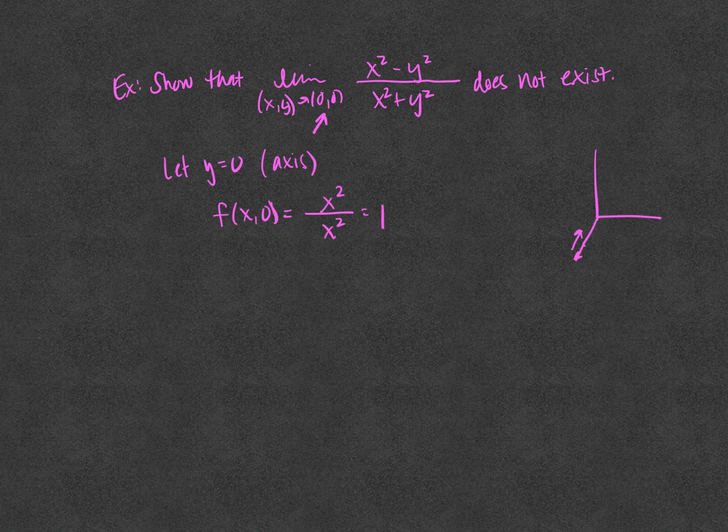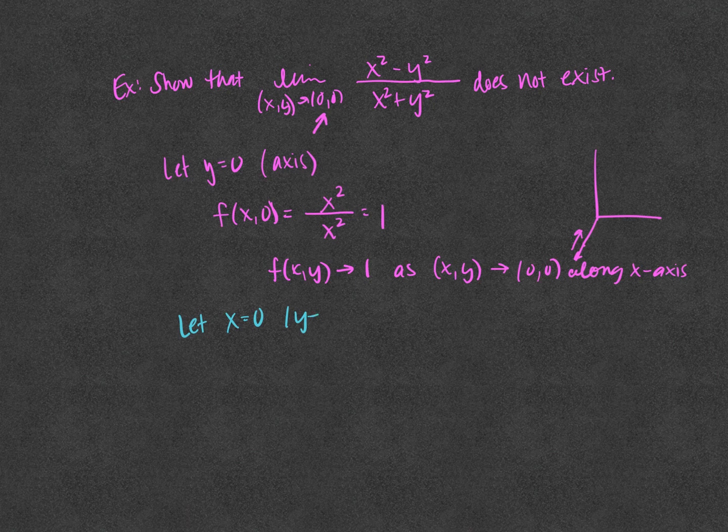And we say that f of (x, y) approaches 1 as (x, y) approaches (0, 0) along the x-axis. And we don't use the limit notation because we need to be able to specify that it's specifically along the x-axis.